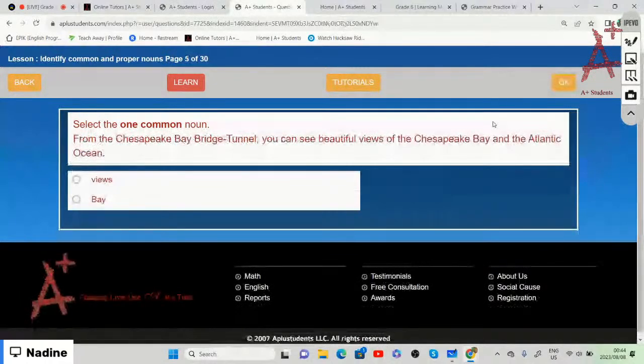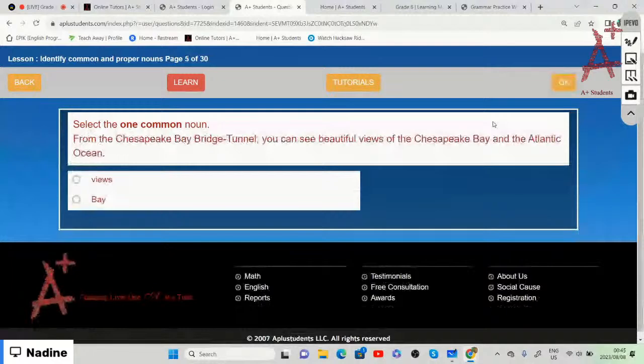We once again need to select one common noun within the sentence. From the Chesapeake Bay Bridge tunnel, you can see beautiful views of the Chesapeake Bay and the Atlantic Ocean.